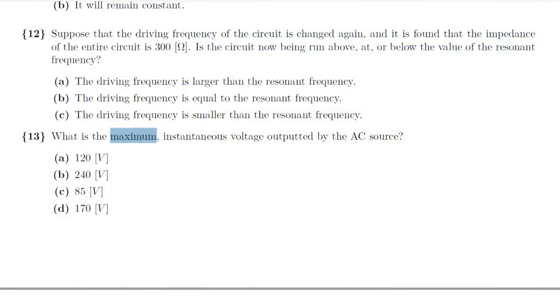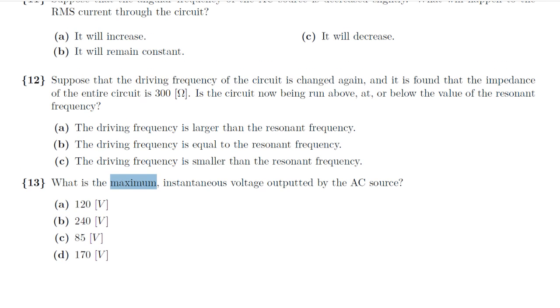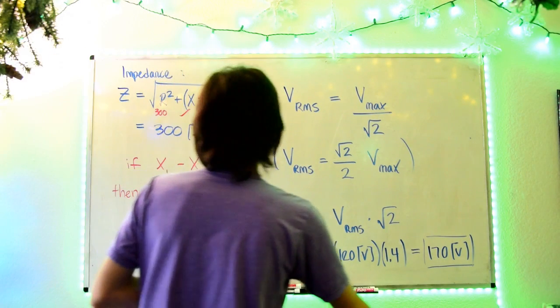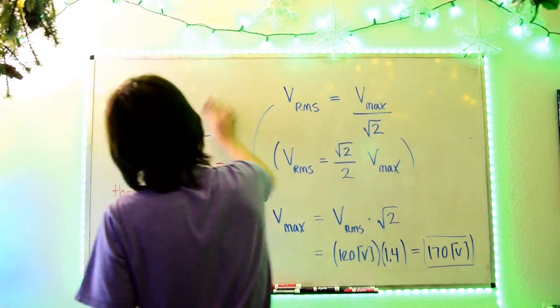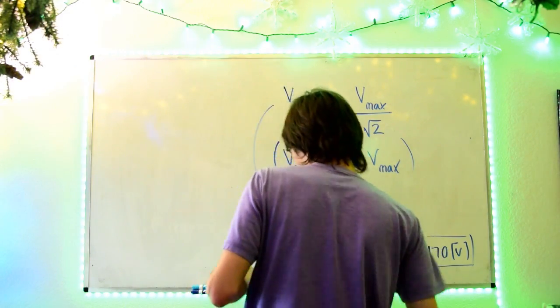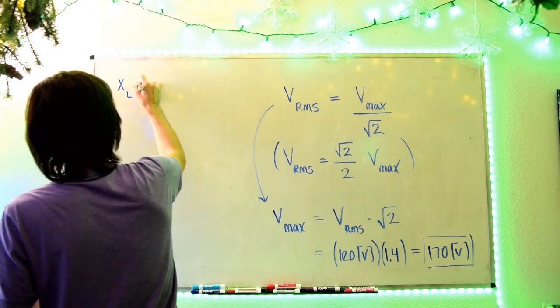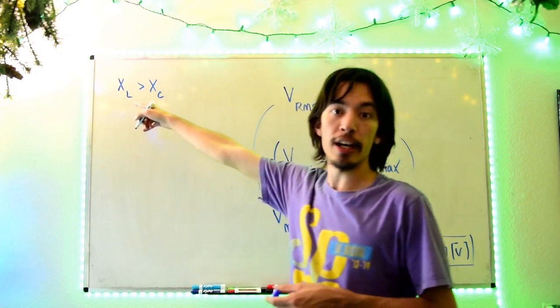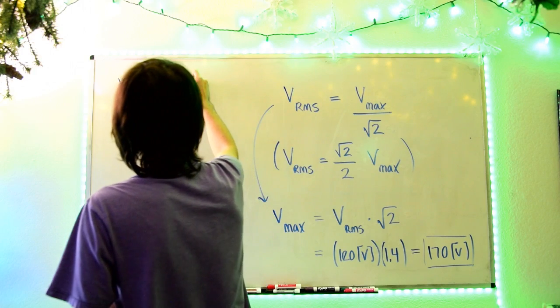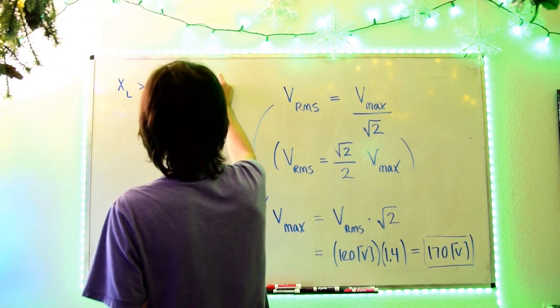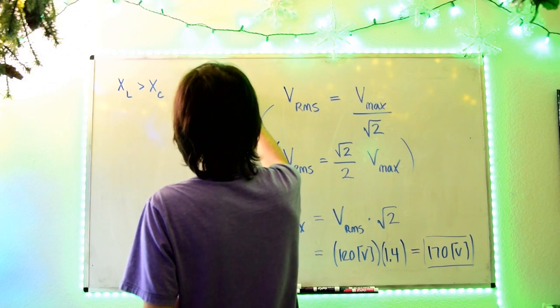There is a question. You were talking about number 12. When would A be true for number 12? So actually, let me write these out real quick here, just so you can have them written out. So here's a few useful things. When X sub L is larger than X sub C, so when the inductor is reacting more, the frequency that you're driving at is larger than the resonance frequency.